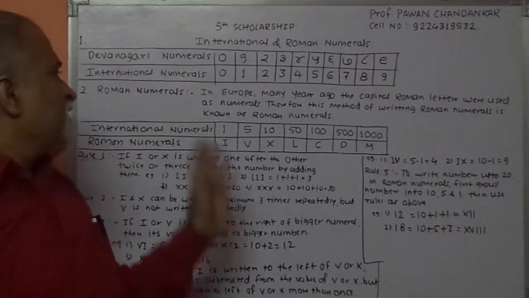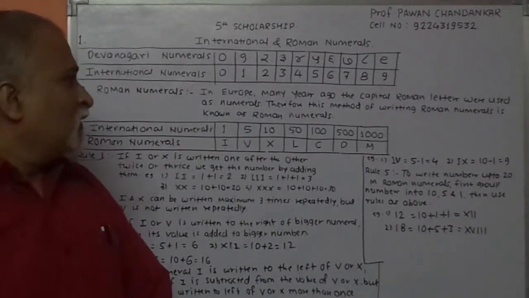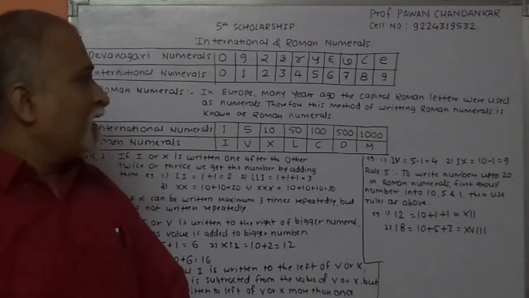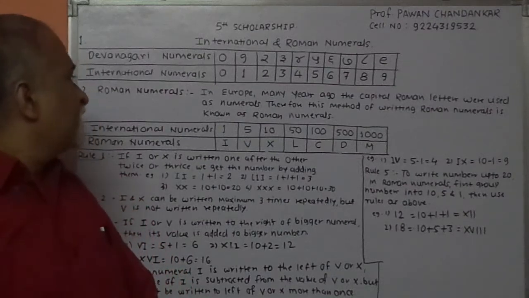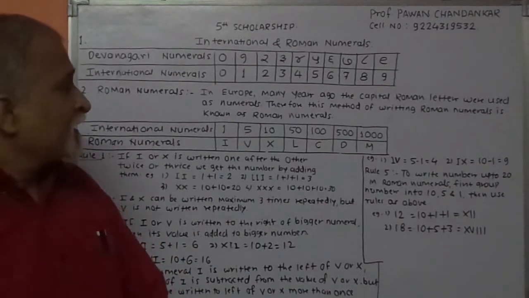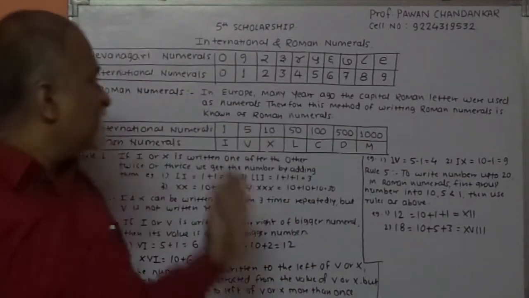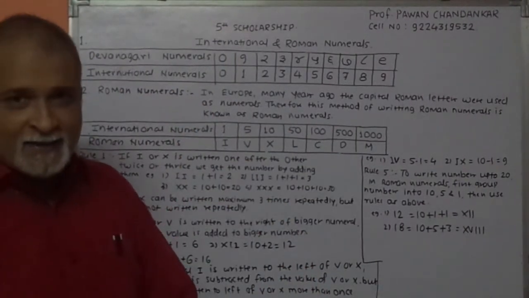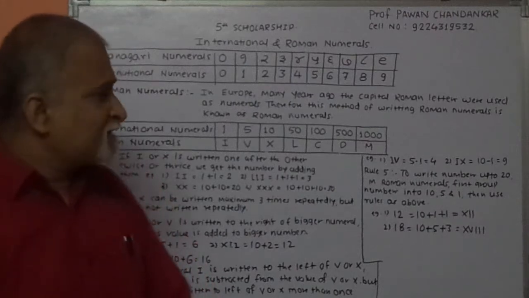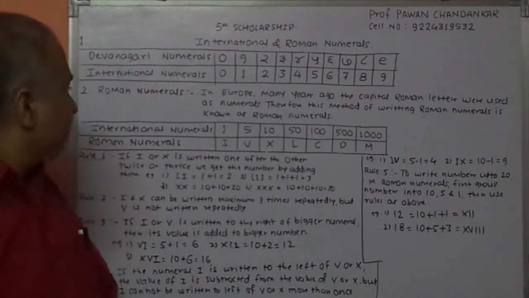See, students, in Europe many years ago, the capital Roman letters were used as numerals. Therefore, this method of writing is known as Roman numerals. Now, how to write the Roman numerals? Let us see this chart.